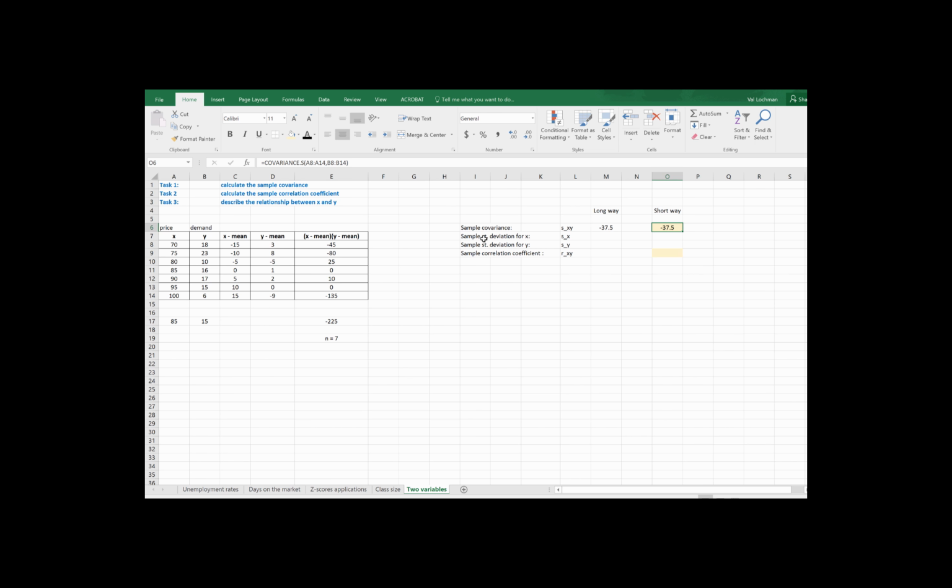We need to compute the sample standard deviation for x, and you would do it by typing STDEV, which stands for the standard deviation of a sample. Highlight our cells. Then the sample standard deviation for the y variable.